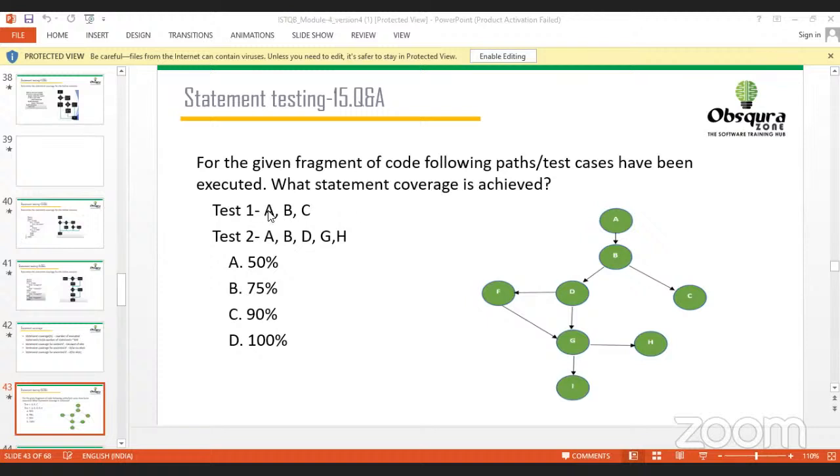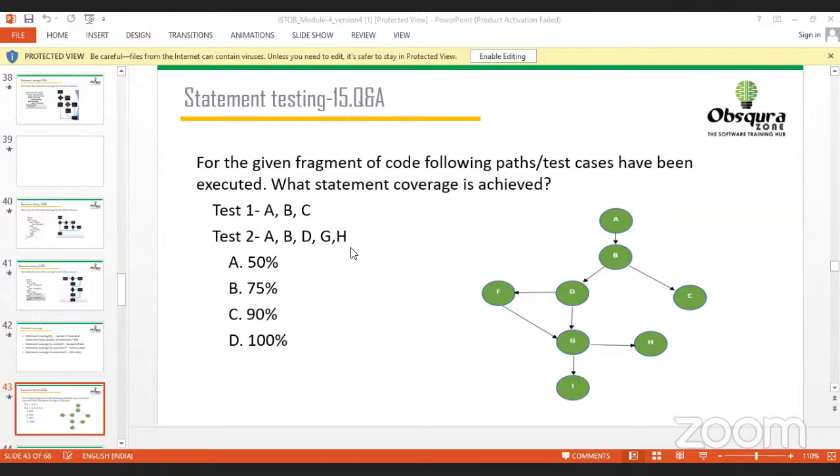So here you can consider test 1, it is A, B, C. So 3 nodes are covered here. Test 2 covers A, B, D, G, H. But A and B are already covered in test 1, so we can omit them. So we can say test 2 covers D, G, H. So the first test covers 3 nodes and the second test covers 3 nodes.